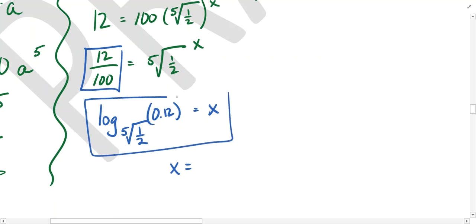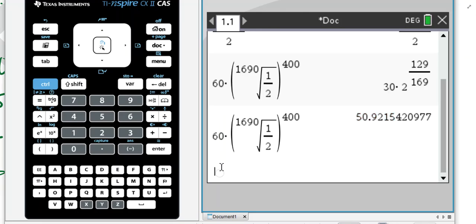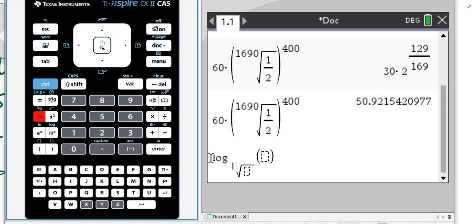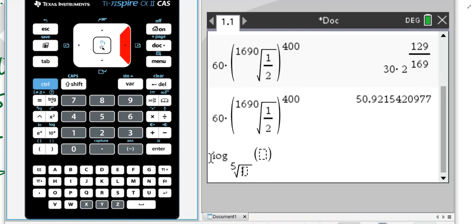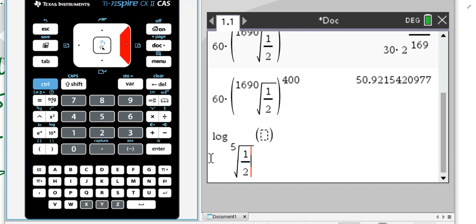Now without a calculator this would be a good answer, but since we do have a calculator we can see what the decimal equivalent is. And we'll call the logarithm command, which is this key here with the control button. Control then that key. The base of the logarithm is the fifth root of 1/2. And the argument of the logarithm is 0.12 or 12 over 100.